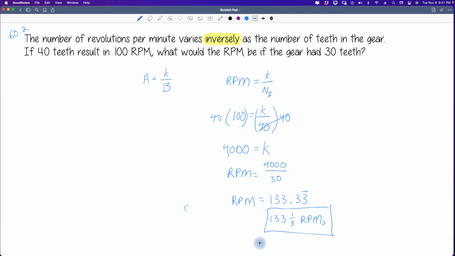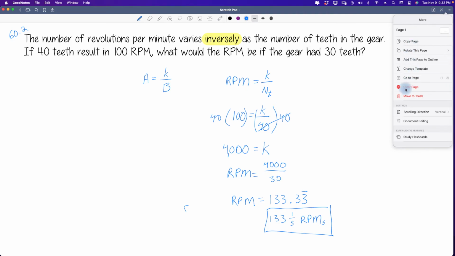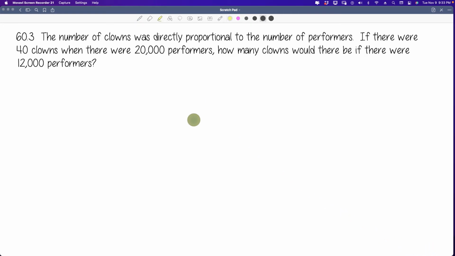All right, let's look at our last example problem. Not a whole lot this time. So 60.3, I'm going to type that for you and then you can solve it. The number of clowns was directly proportional to the number of performers. If there were 40 clowns when there were 20,000 performers, how many clowns would there be if there were 12,000 performers?